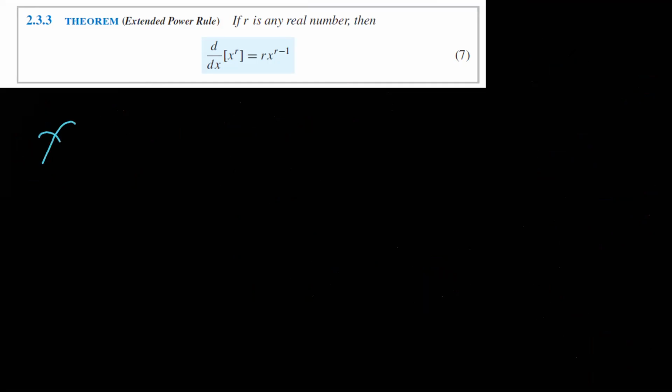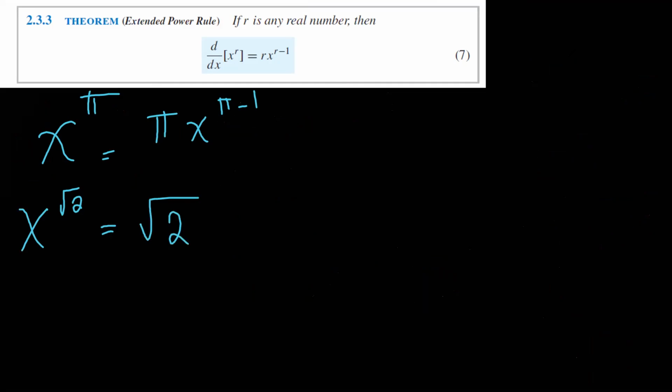Now, if you have x raised to the power pi, as an example, you will say the derivative is pi x raised to the power pi minus 1. If you have x raised to the square root of 2, you will say it's the square root of 2 times x raised to the power square root of 2 minus 1.